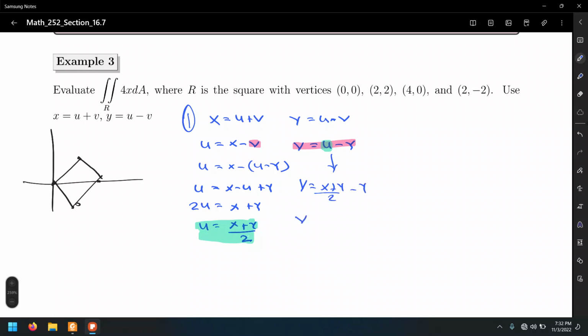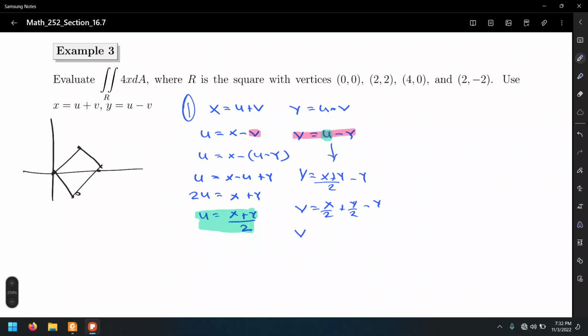Simplifying, that's x over 2 plus y over 2 minus y. Oh wait, not y over 2, minus y simply. So 1/2 minus 1, isn't that negative 1/2? So v equals (x minus y) over 2. So we got our u and v in terms of x and y.